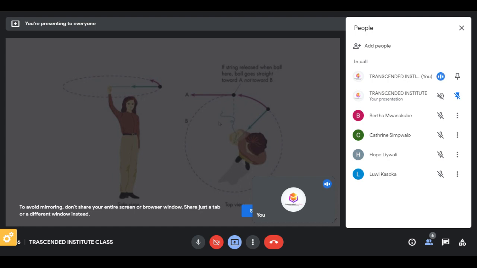So now imagine where you are holding the string is the center of the earth, and let the ball now be the moon. What is going to make sure that the moon doesn't go away in space, but continues orbiting around the earth?